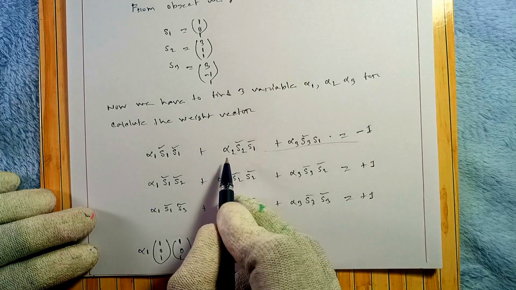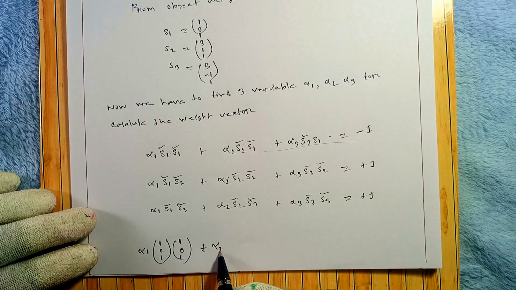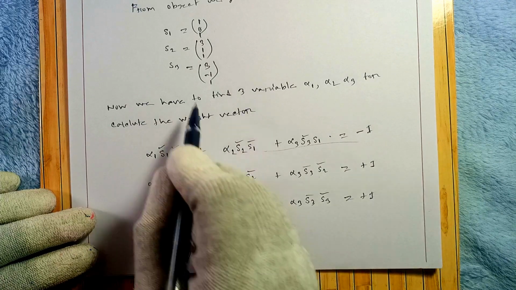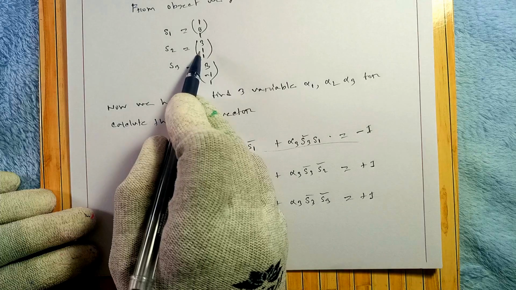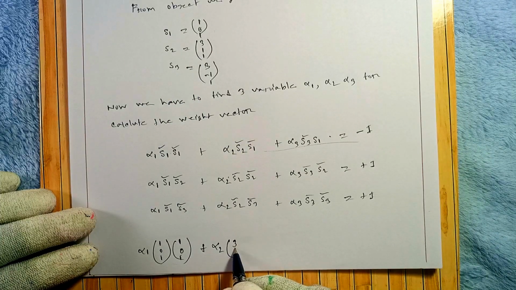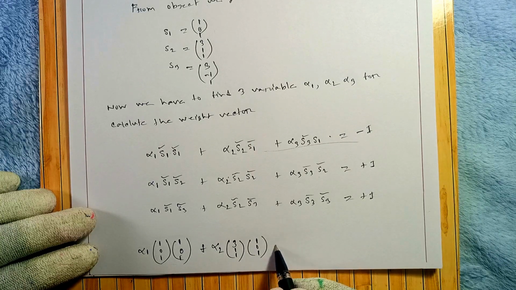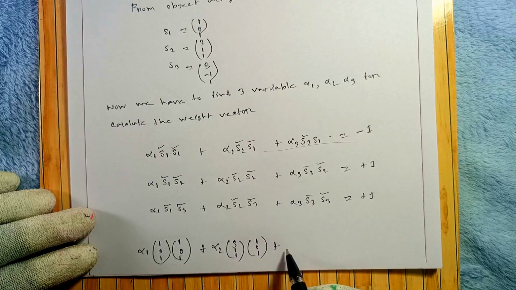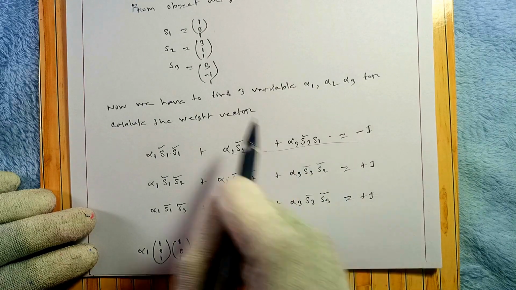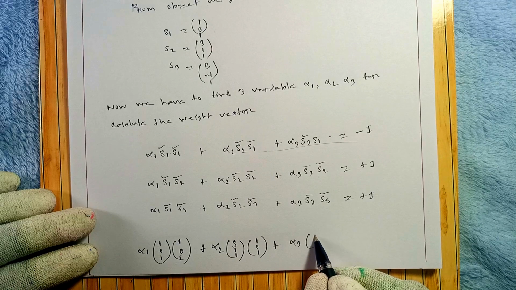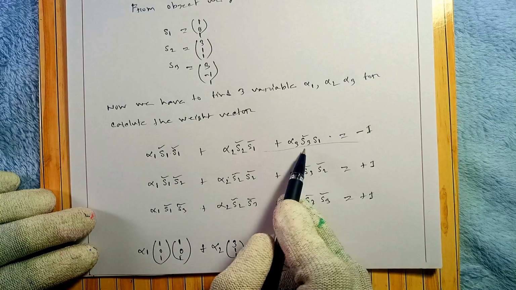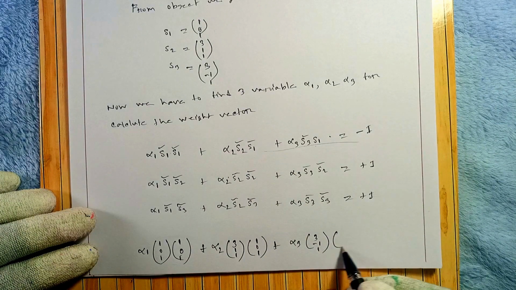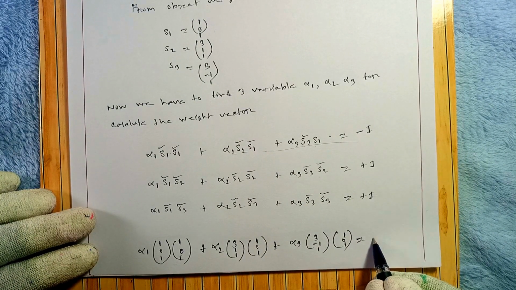Then plus alpha 2, which we don't know yet and have to find out, times S2, which is (3, 1, 1), times S1 (1, 0, 1), plus alpha 3 times S3, which is (3, -1, 1), times S1 (1, 0, 1), equal to -1.